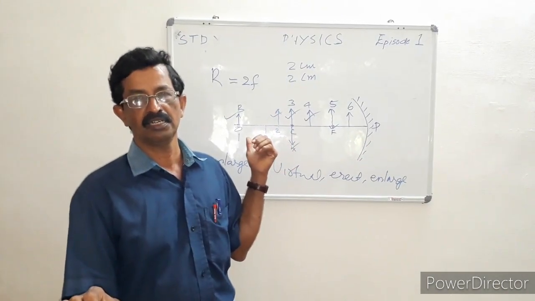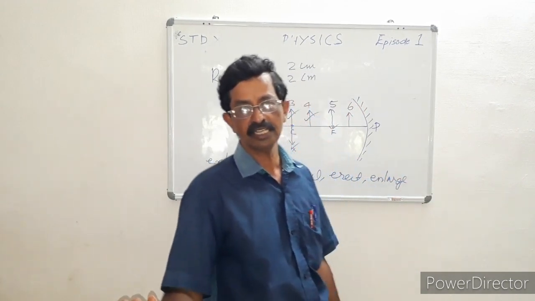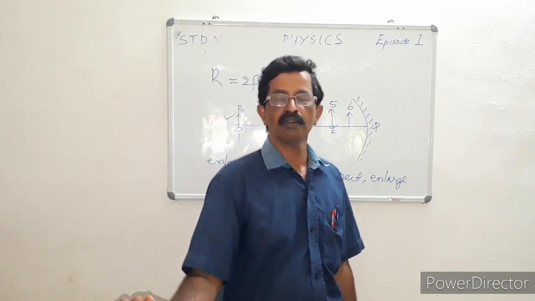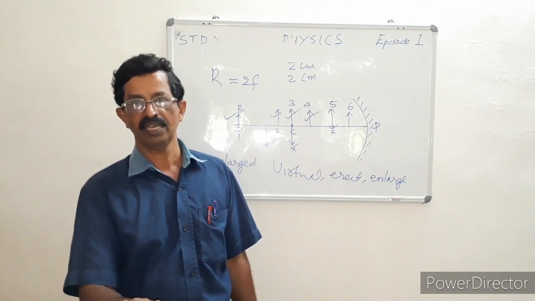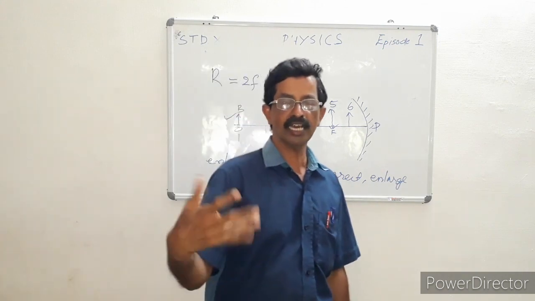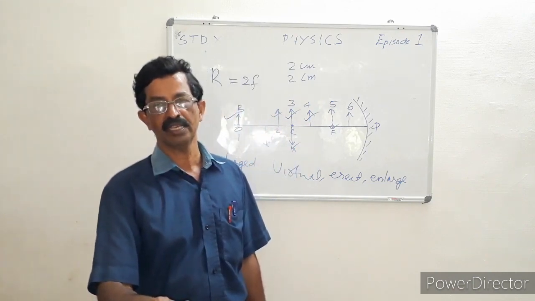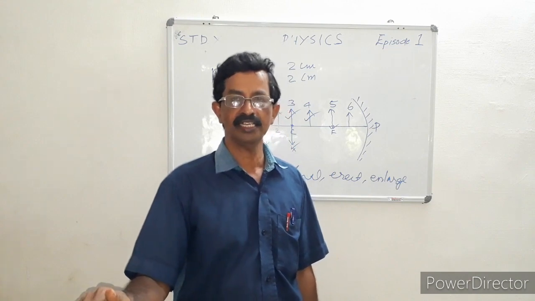Pole, center of curvature, radius of curvature, principal axis, focal length, principal focus, and how the image is formed by a concave mirror and its nature, position.